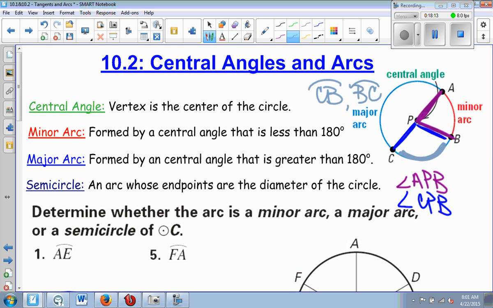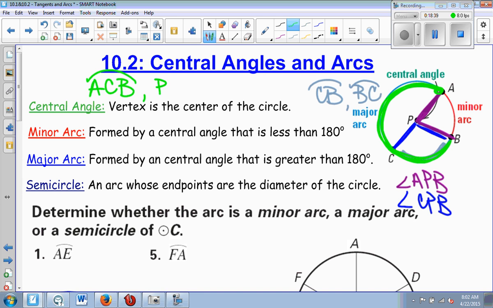A major arc is one that is more than 180 degrees. So if I started at A and went all the way around to B, that would be a major arc because it's more than 180 degrees. It's more than half of a circle. So there are two ways I could name this arc. We could start at A, go to C, go to B, and put an arc over the top.